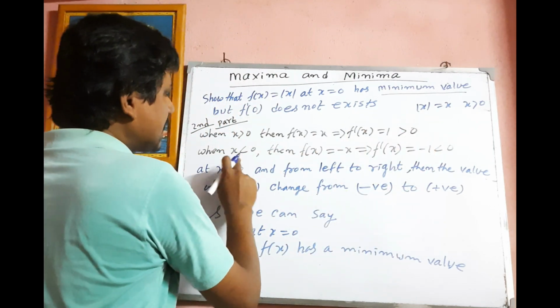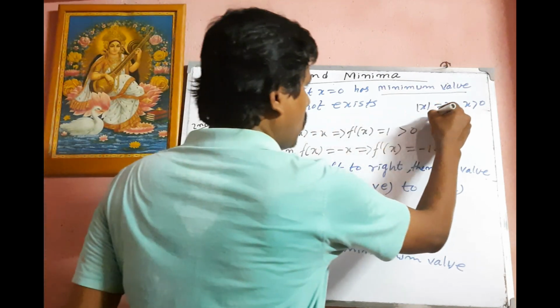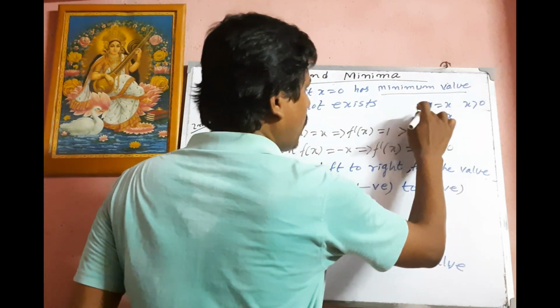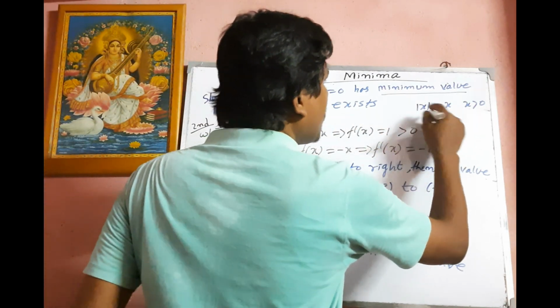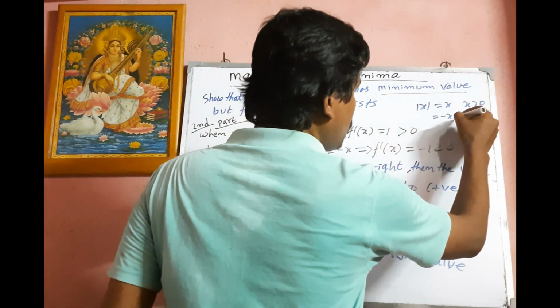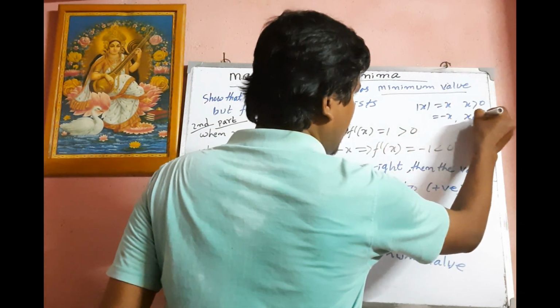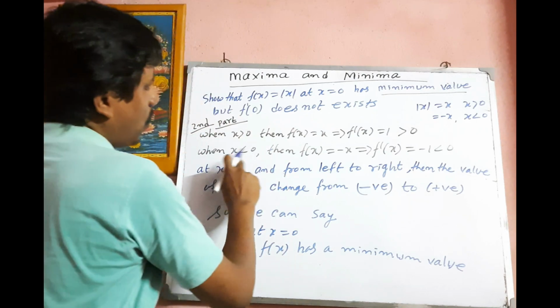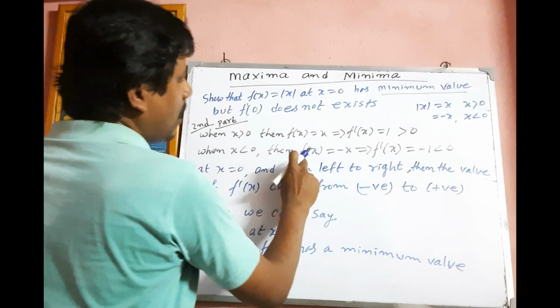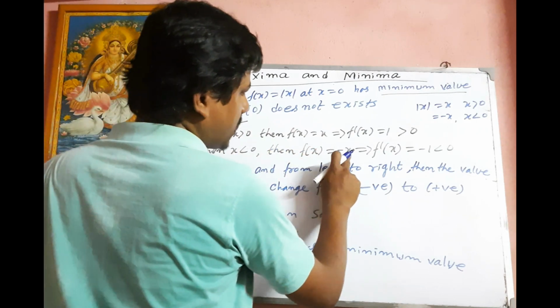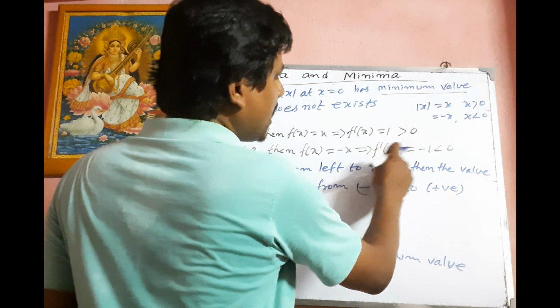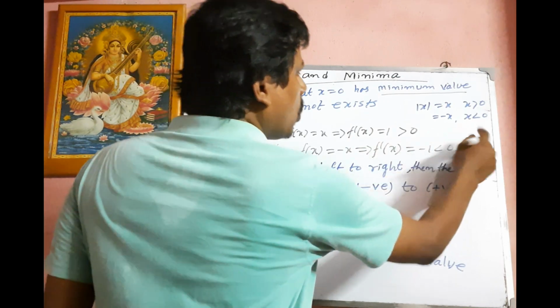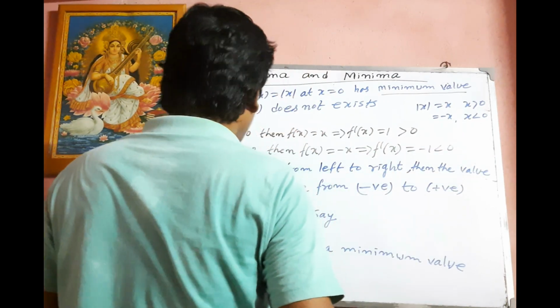And when x is less than 0, then mod of x is equal to minus x, so f of x is equal to minus x. So f dash x will be minus 1, which is less than 0.